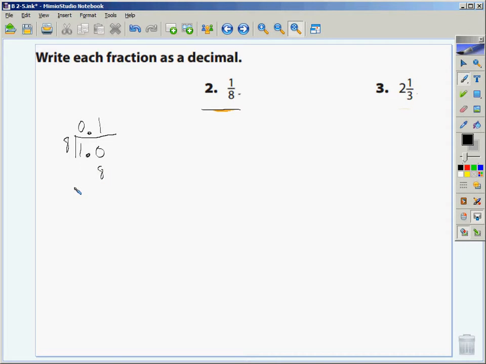I multiply, subtract, bring down another 0. 8 go into 20? Twice. 2 times 8? 16. I subtract, bring down another 0, and this becomes a 5. 0.125. If you put .125, there's certainly nothing wrong with not having that lead 0 there. Doesn't matter.